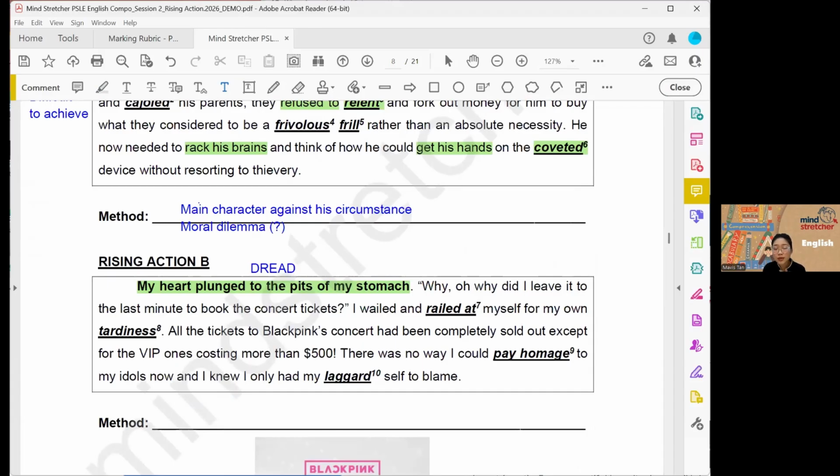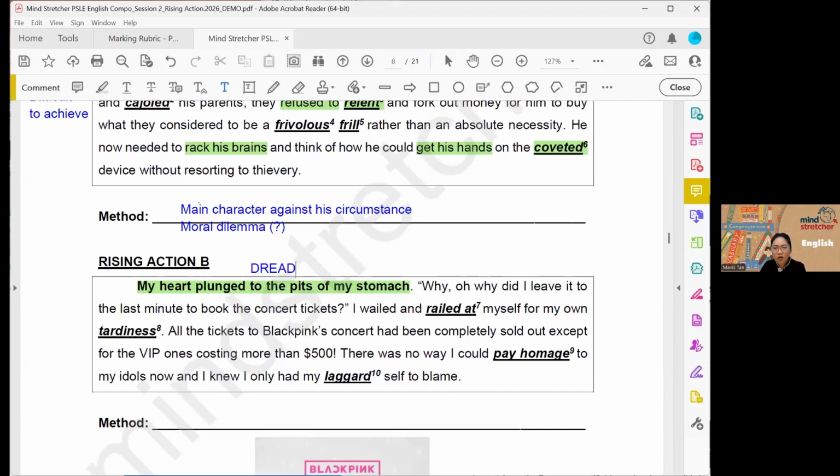So every time we learn bad news, this is a useful phrase. If it's bad news, this is a useful phrase. Okay? If you forget to bring a very important piece of homework and that teacher is super fierce, you could also feel this way. Okay? If, what else? What other situations? Yeah. If you didn't study for a very important exam, you could also feel this way. So this is the showing of that great dread.